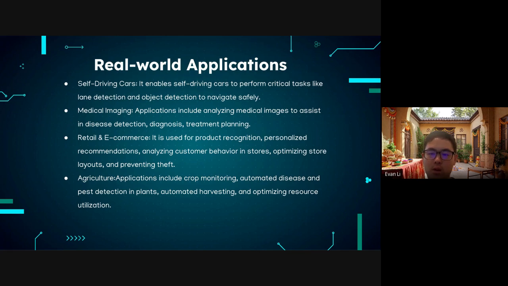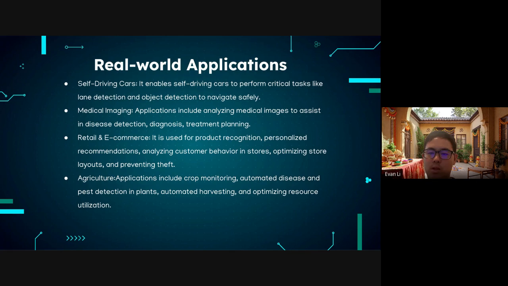It also enables product recognition for efficient inventory management, visual search capabilities allowing customers to find products simply by uploading images, personalized product recommendations based on visual preferences, and in-store analytics to understand customer behaviors and optimize store layouts. For e-commerce platforms, computer vision enhances product image quality, automates product tagging and categorization, and improves visual search functionalities, leading to a more engaging and efficient online shopping experience.